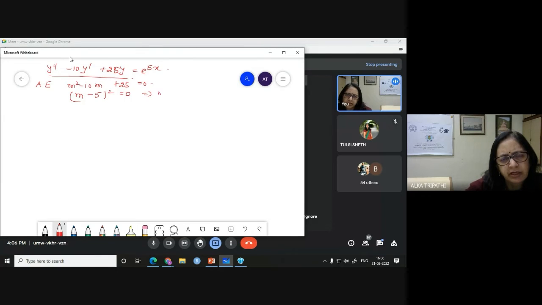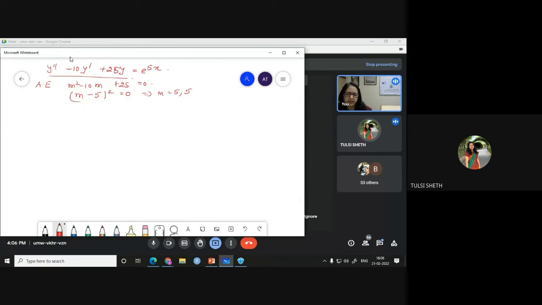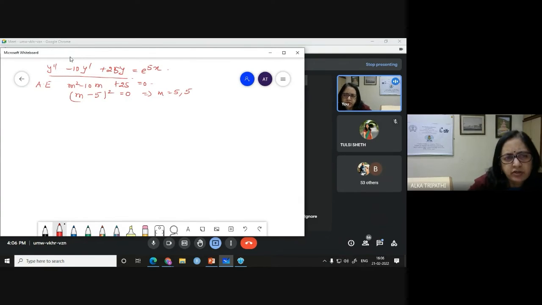Two roots, m equal to 5, 5. So my solution yc is equal to c1 e to the power 5x plus c2 x e to the power 5x, according to the real and equal roots method we have seen in the starting.